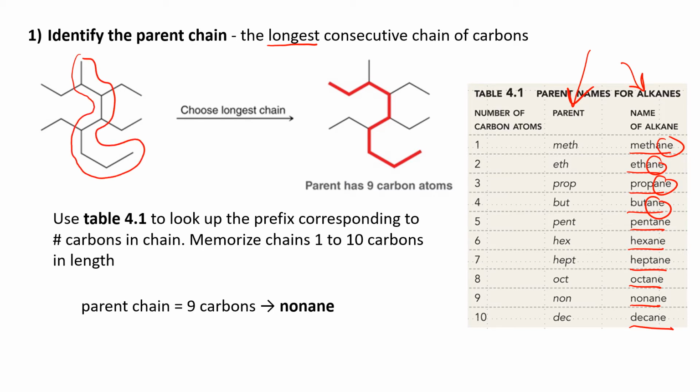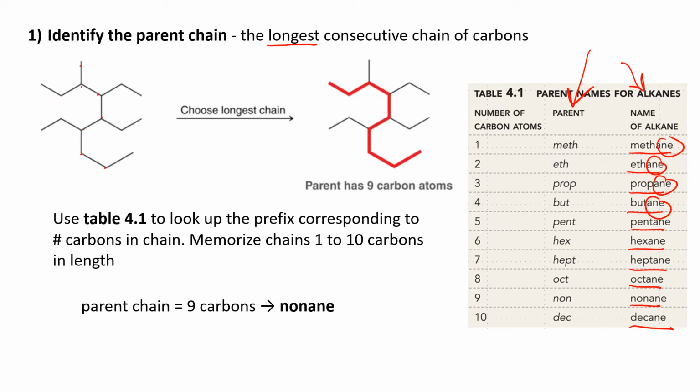Let's say you chose that. 1, 2, 3, 4, 5, 6, 7, 8. Okay, there's 8. If we get rid of that one, we could try another one. 1, 2, 3, 4, 5, 6, 7, 8, 9. That's longer, so that's an option.